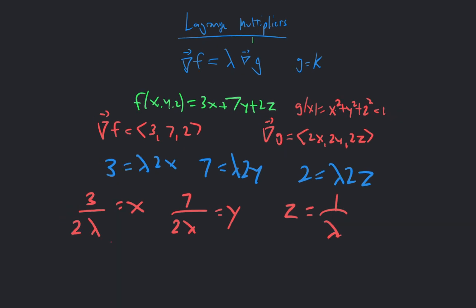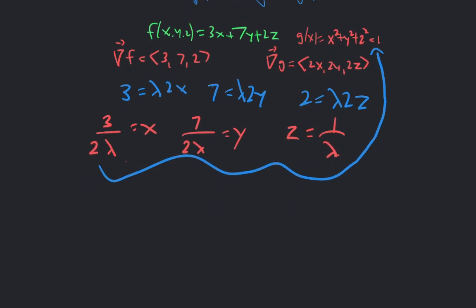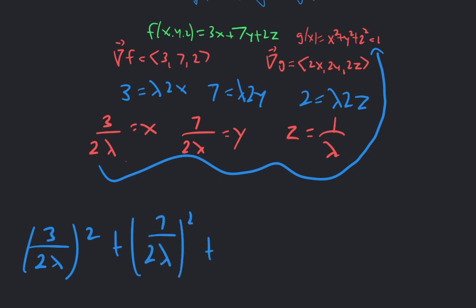We plug these values into our constraint equation. So we get (3 over 2 lambda) squared plus (7 over 2 lambda) squared plus (1 over lambda) squared is equal to 1.